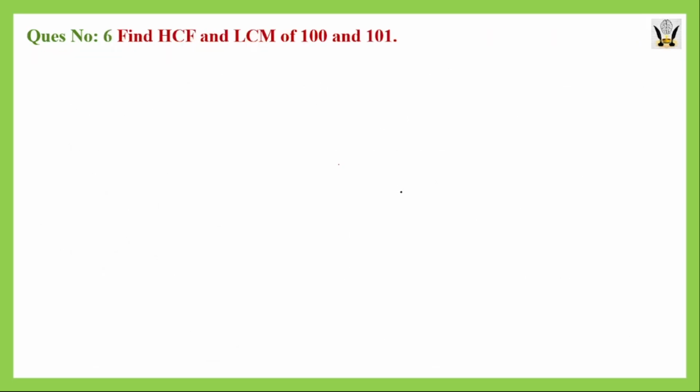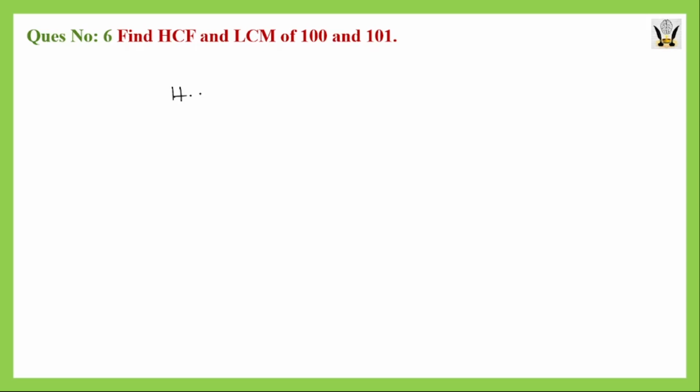Now the next and last one is to find the HCF and LCM of 100 and 101. Between 100 and 101, there is no common factor, no common divisor. So for the HCF, the only common divisor will be 1, and that has to be the highest common divisor, highest common factor, or greatest common divisor.